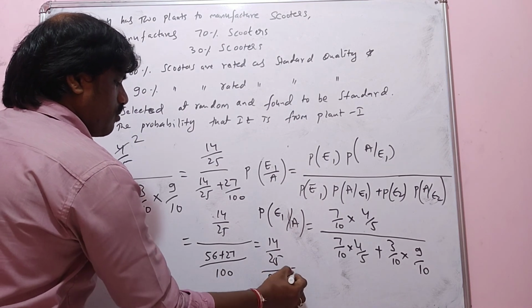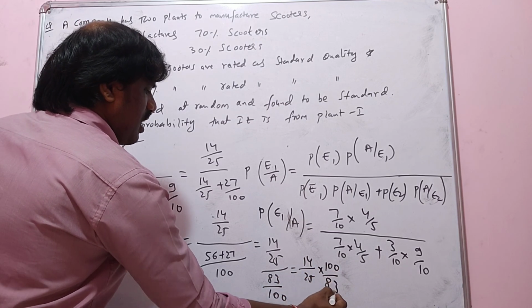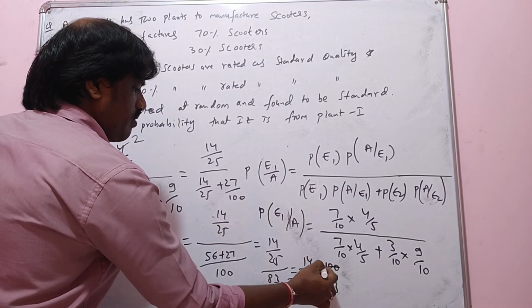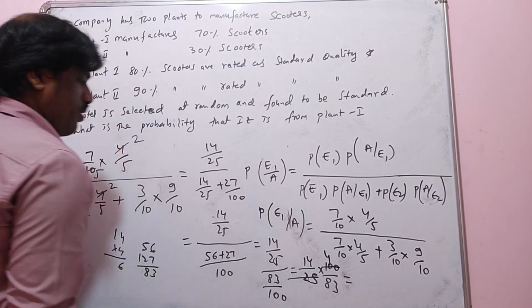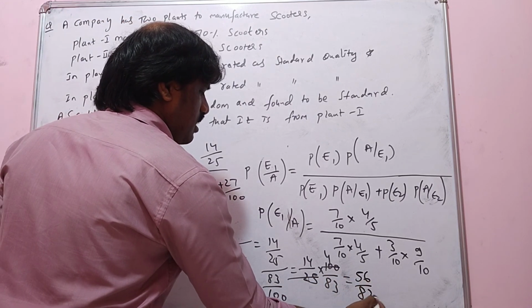So finally I get 14 by 25 into 100 by 83, and at least this much can be solved. 25 ones are 25, 4s get cancelled out, 14 fours are 56. So 56 upon 83 is the answer.